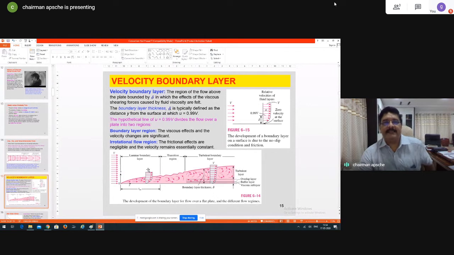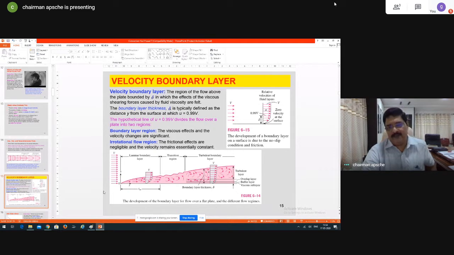Now let us analyze a fluid flow over a flat plate. When a fluid flow is taking place over a flat plate, initially the free stream velocity enters the plate. Now this pink region, whatever is plotted here, is the region where the velocity variations are felt, like these velocity variations.